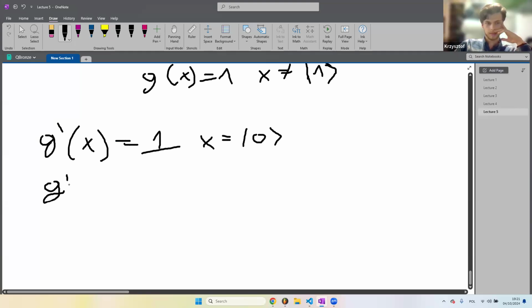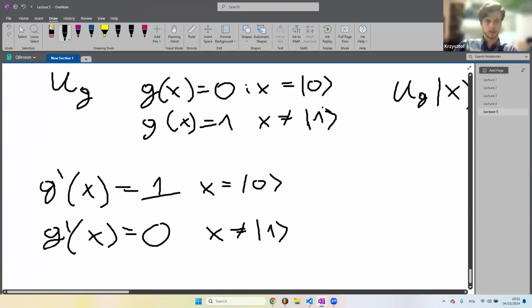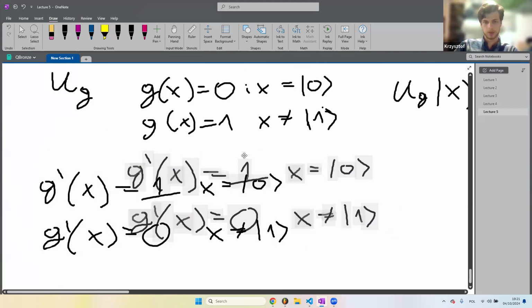And this function will return 0 if x is different than 0. So this function has an exactly opposite effect to this g function. The g prime function has the opposite effect to the g function.